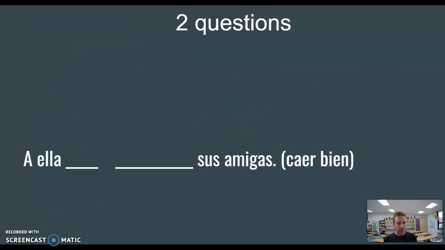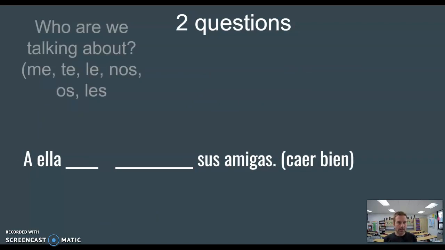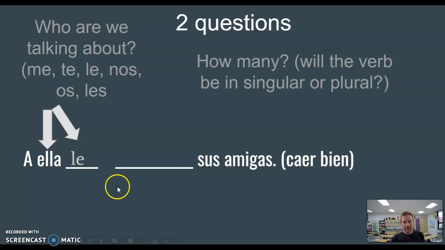Okay, one last one. Two questions, right? Who are we talking about? Well, in this case, we're talking about ella, right? She is the person we're talking about. So, which one of these words are we going to use? We're going to use le. See? Because it's a ella, we use le. How many are there in this case? Well, we have sus amigas. That means we have more than one, right? We have more than one amiga aquí.